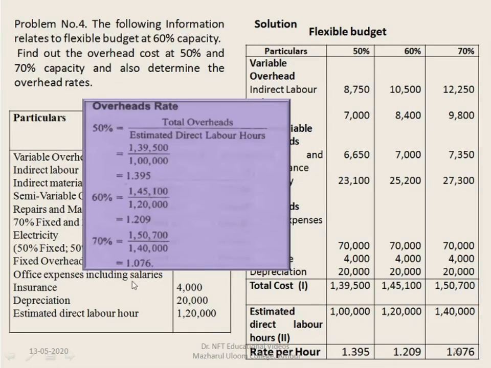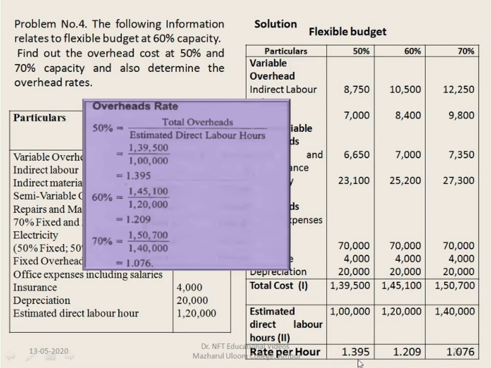Now let us see how to calculate the overhead rate. The formula for overhead rate is total overhead or total cost divided by estimated direct labor hours. So here for 50 percentage, total cost is 1,39,500 divided by the estimated labor hours, 1 lakh. So it is 1.395.